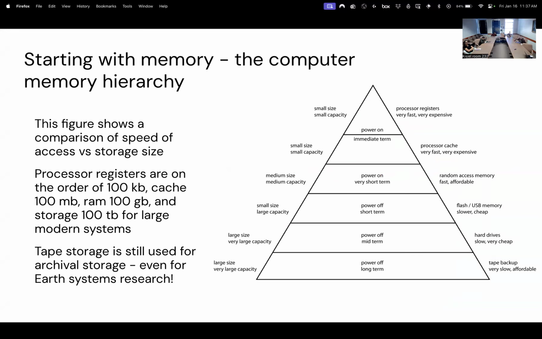But these processor registers are usually like 100 kilobytes. They can store a few numbers, but that's about it. That's super fast and very expensive, small capacity.